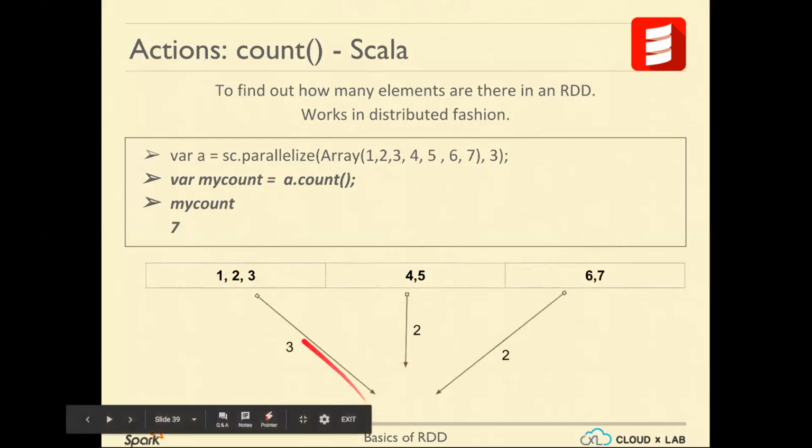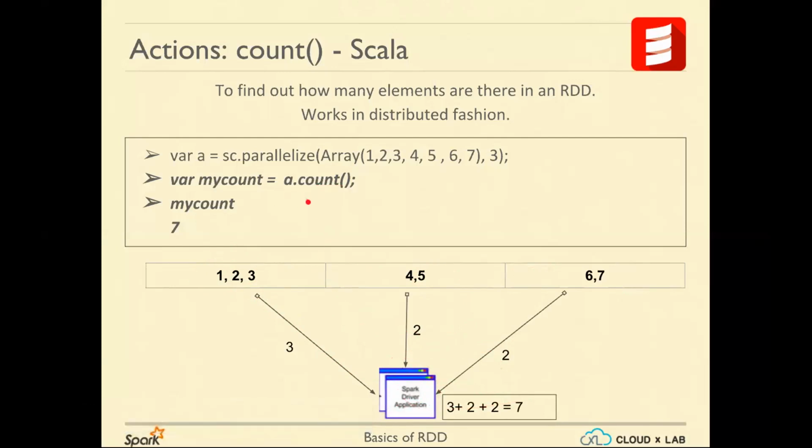It will ask each partition to give the count. Each partition will do its count and give the result, and on the driver, which is your Spark shell, it will do the summation of all the counts. Even the count is distributed.